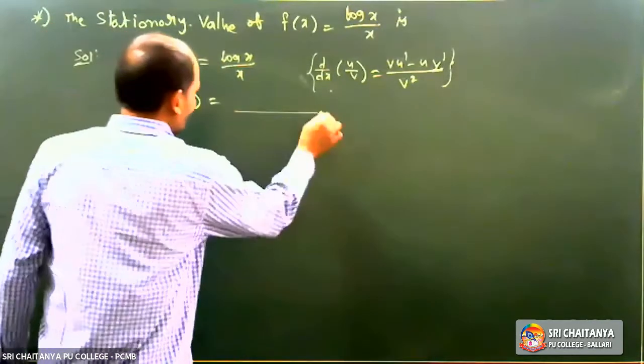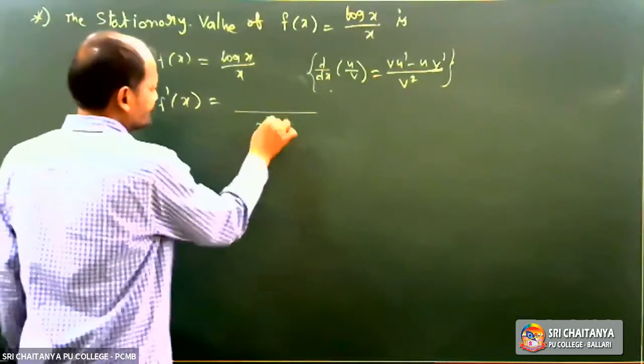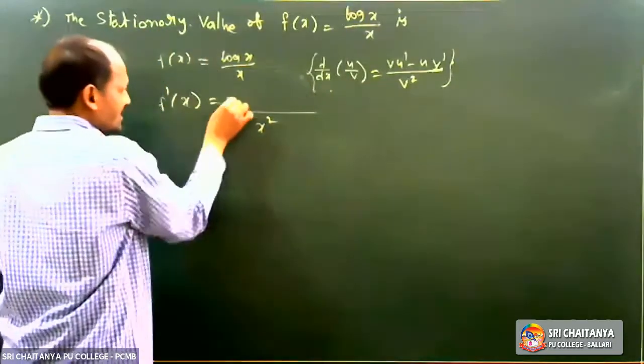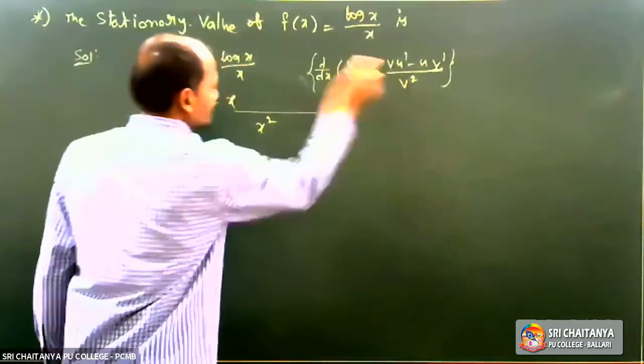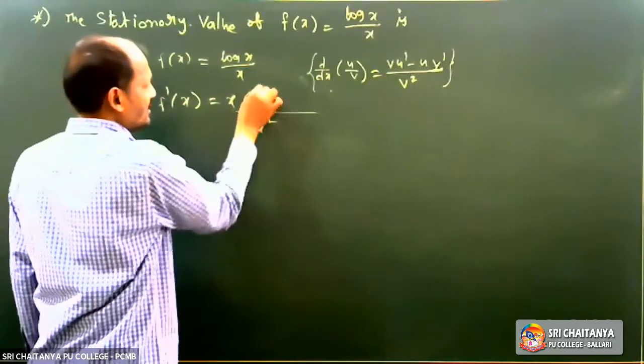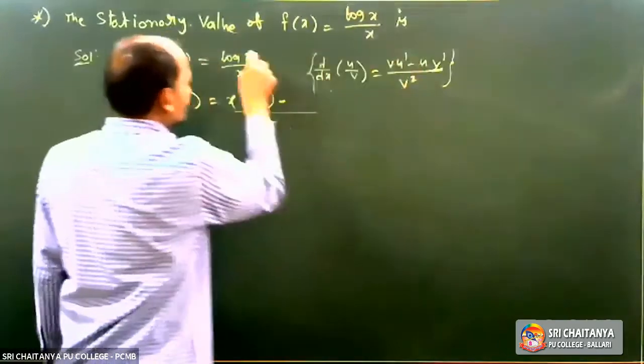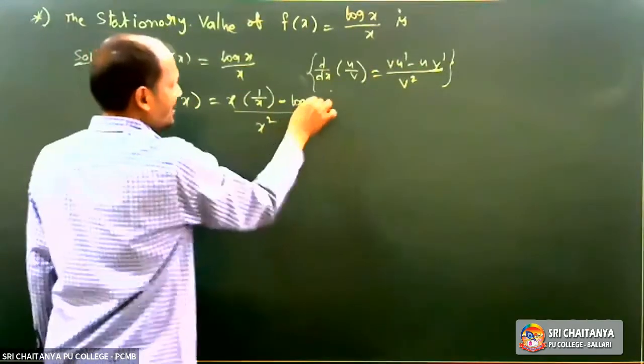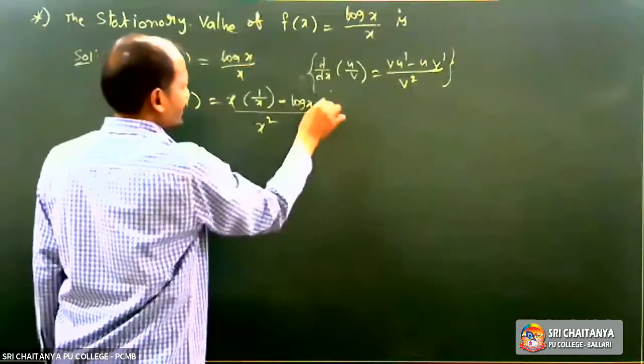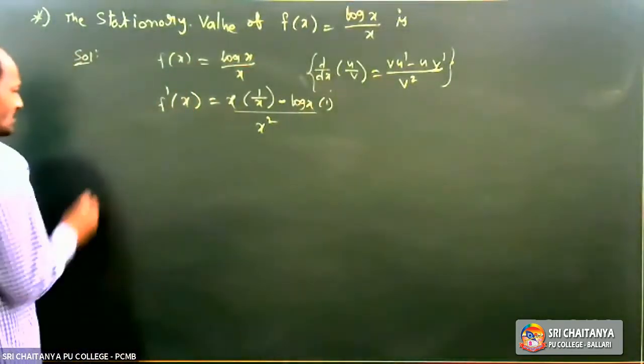So here the denominator is x square, v means x, u dash means the derivative of log x, 1 by x, minus u, log x, into v dash, the derivative of x, 1.